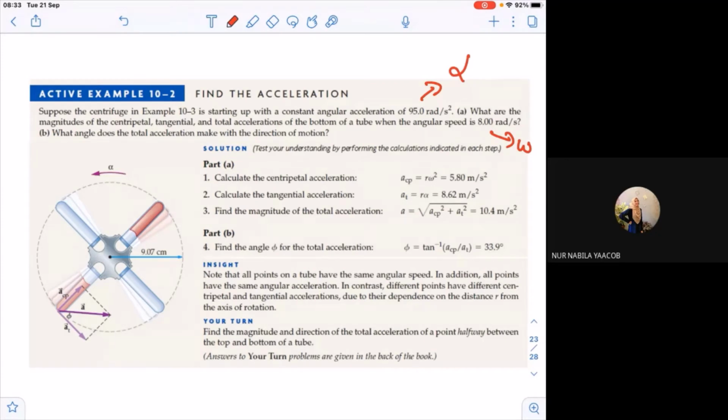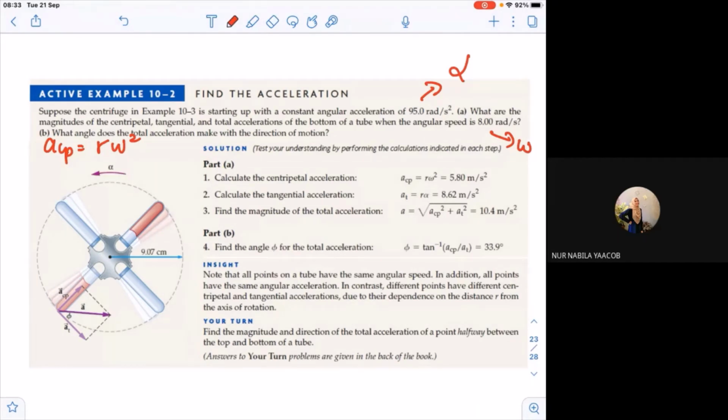But here, we can first get the centripetal acceleration. What is the magnitude of the centripetal acceleration? So a_cp is based on r omega squared. So you can use this omega, in radian per second, squared, times r.